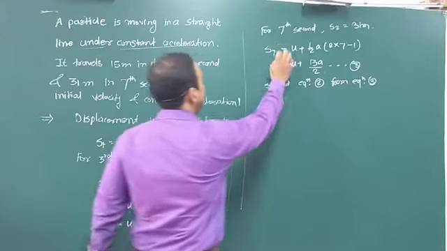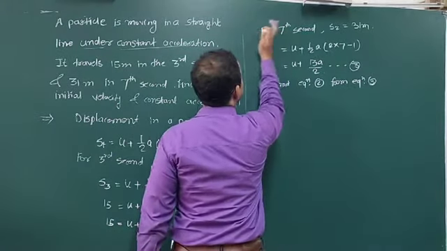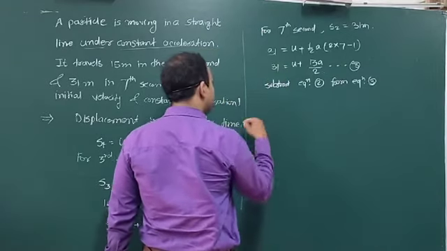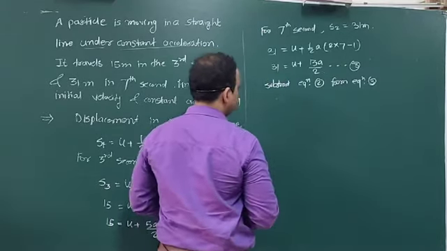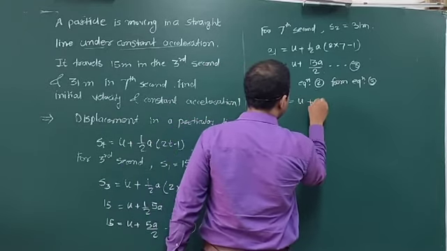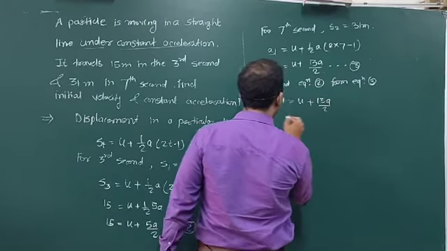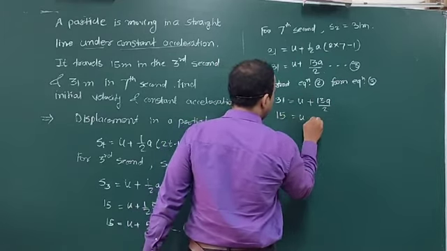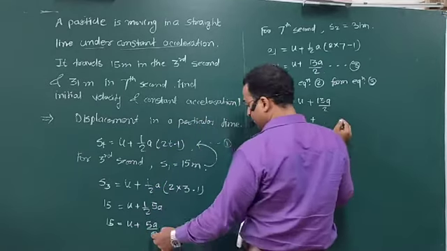Now here S is equal to 31. Now subtract, that means 31 is equal to u plus 13a by 2 minus 15 is equal to u plus 5a by 2.